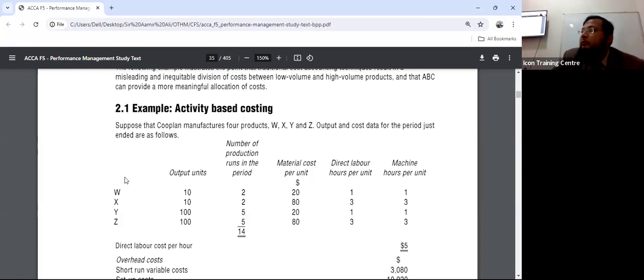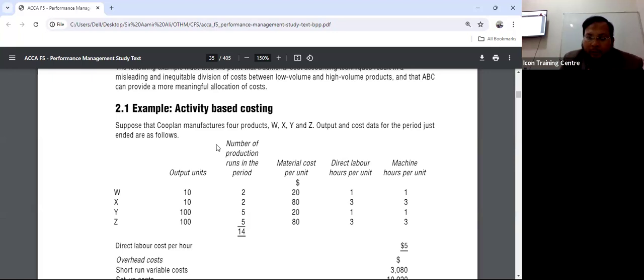Which product will be costing you more? W, X, Y, Z? Y and Z. This is common sense, because we are producing more units for Y and Z. So it is normally understood that Y and Z will be causing you more cost as compared to W and X.